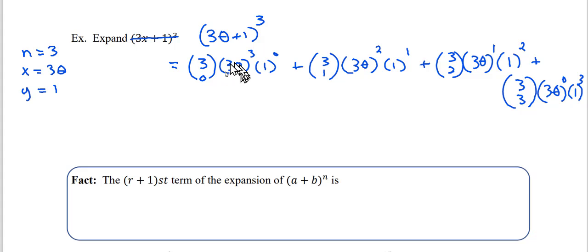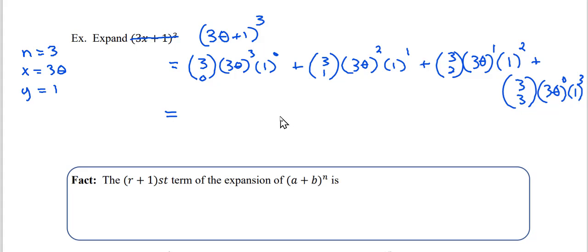So my exponents on the 3 theta, which replace my x, are 3, 2, 1, 0. The exponents on the 1 are 0, 1, 2, 3. And I always have 3 in that top number, 0, 1, 2, 3.